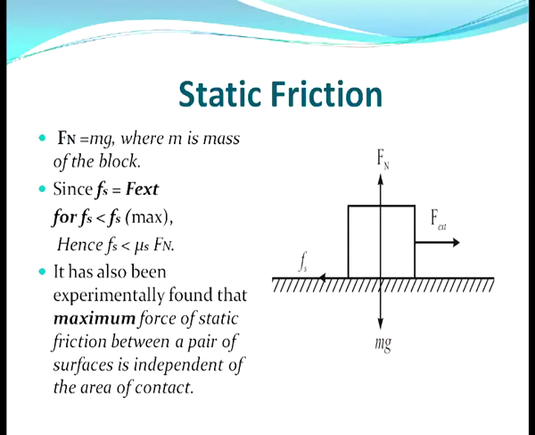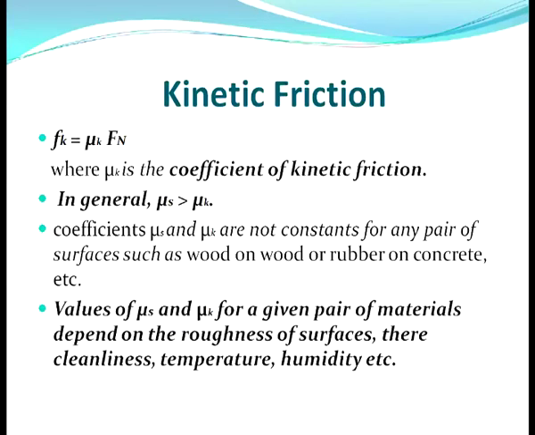Now coming to kinetic friction, similarly as we have written for static friction Fs equals mu s Fn, in case of kinetic friction we can write Fk equals mu k Fn. That means force of kinetic friction Fk is equal to the coefficient of kinetic friction times the normal reaction Fn, and mu k is known as the coefficient of kinetic friction.